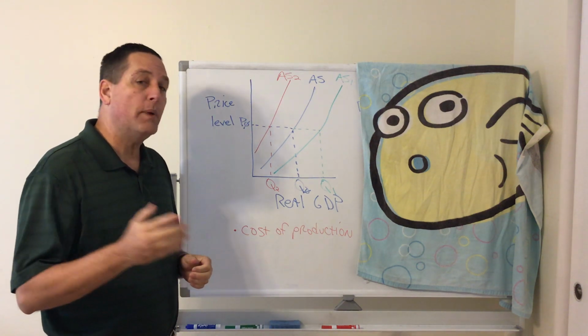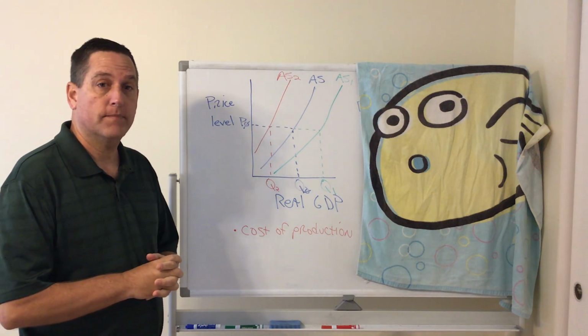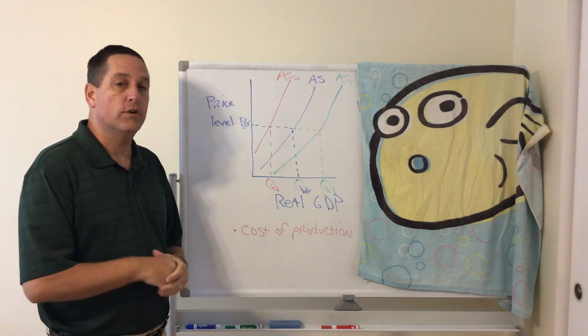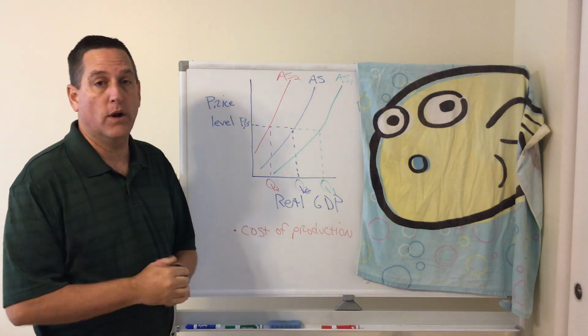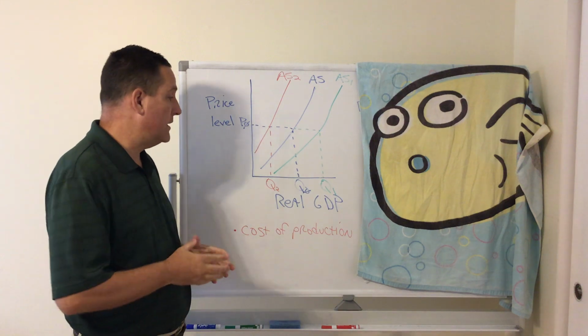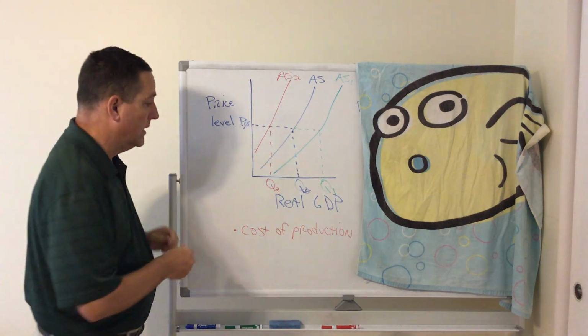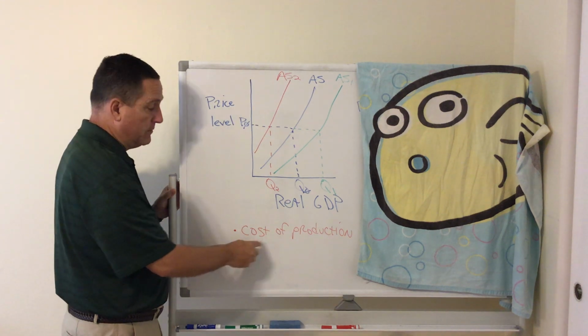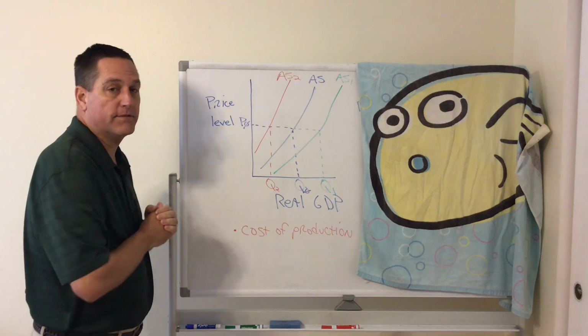Okay? But you might not know this. Oil is also used to make plastic. So if the cost of oil goes up, the cost of anything that's made with plastic is also going to go up. And how many things in the United States are made from plastic or shipped in plastic? So if the cost of oil goes up, the cost of production is going to go up and the supply curve is going to shift to the left.